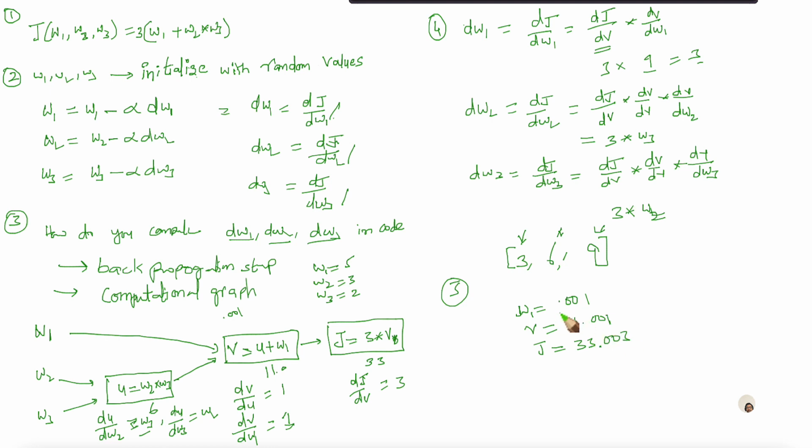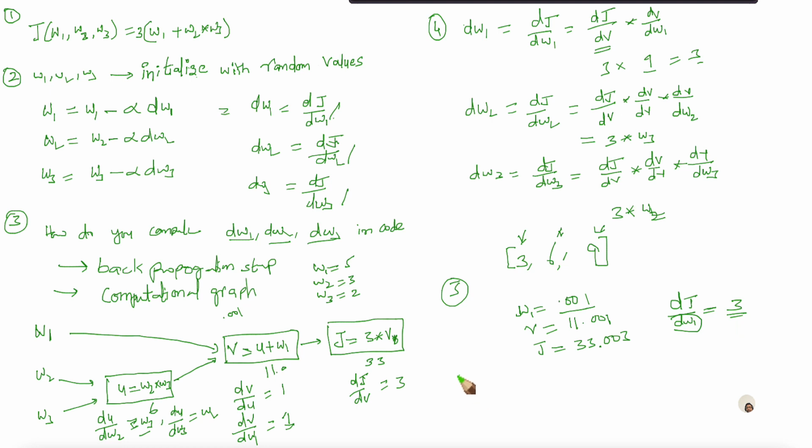That means for a little change in w1, j changes 3 times that amount, and that's why dj by dw1 is always equal to 3. So that's what dj by dw1 means: for a small change in w1, how much j will change, and it's 3.